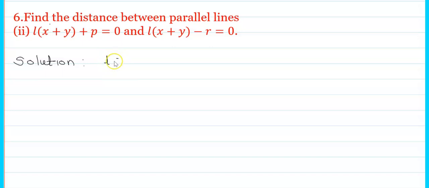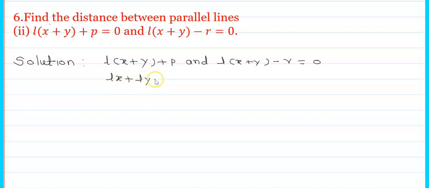If we simplify, then you will get here Lx plus Ly plus p is equal to 0 and Lx plus Ly minus r is equal to 0.